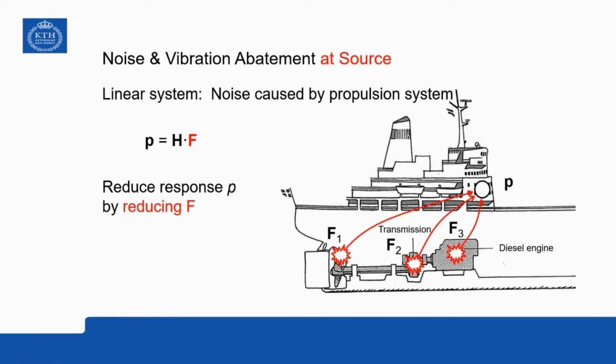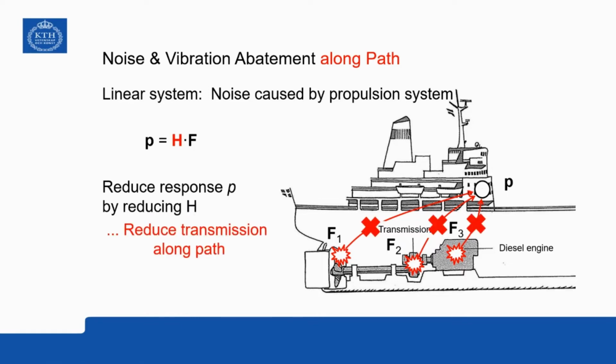So that is one way to do it, to try to modify the different sources. The other way is to reduce the paths that the source contributions travel along towards the receiver. So that is what we are going to focus on in this presentation.